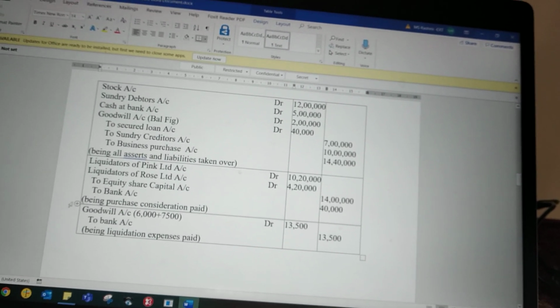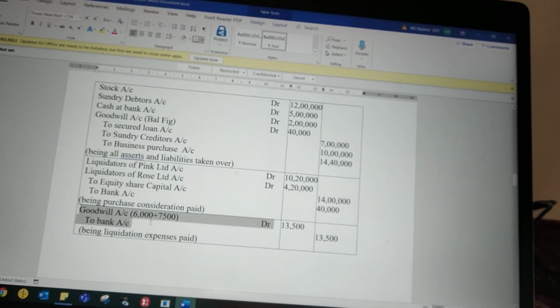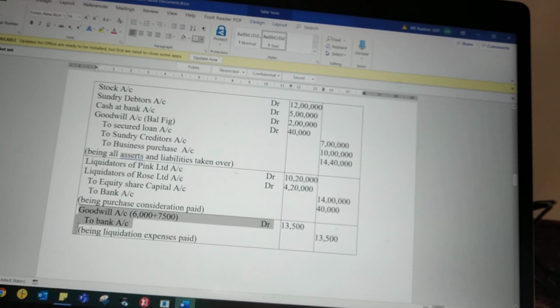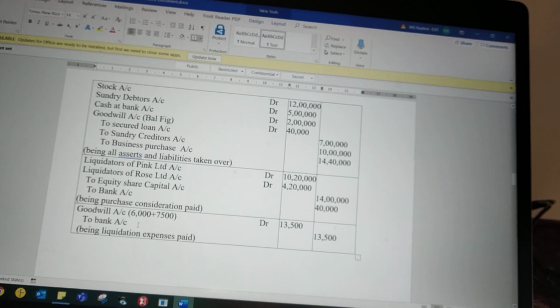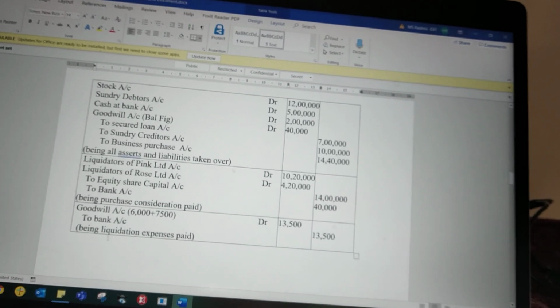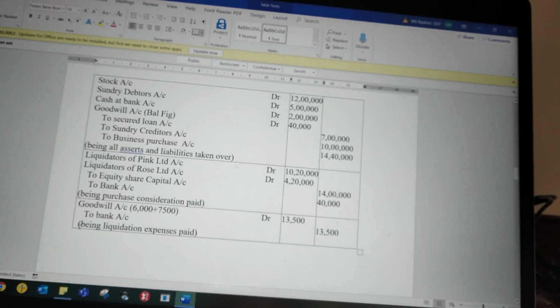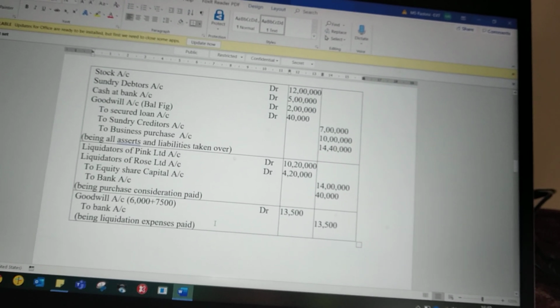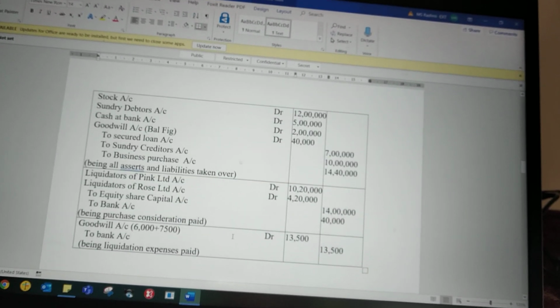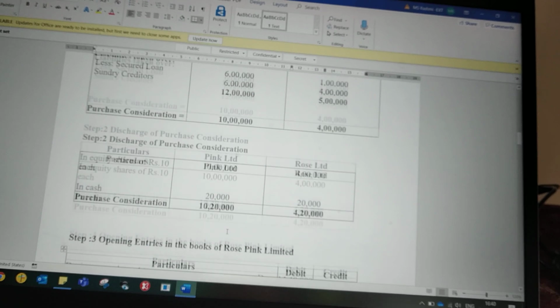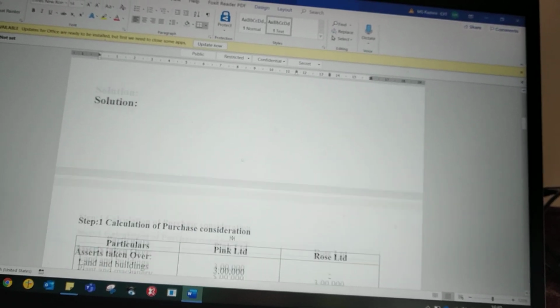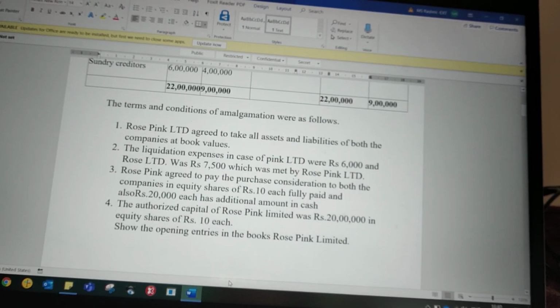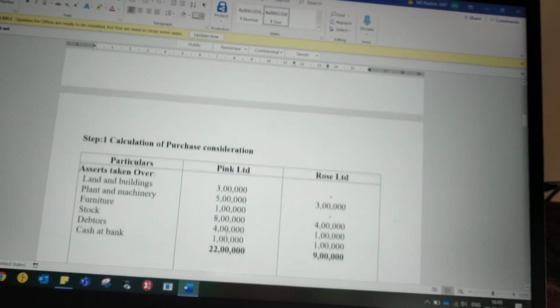That value will be adjusted only to that goodwill value. So that value only we can call amalgamation adjustment expenditure account also. So that value only we have to pay, being liquidation expenses paid. So this is one of the simplest problems in your mergers and acquisition. Remaining will continue.